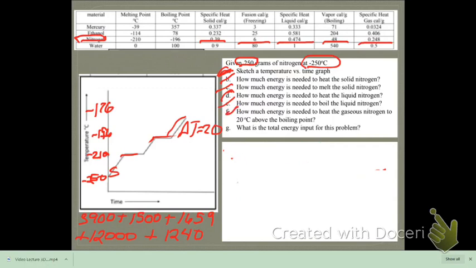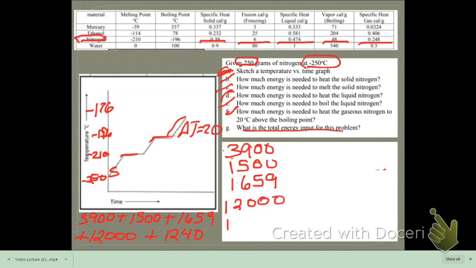because the final thing is, what is the total energy input for the problem? So I have 3,900. I have 1,500. I have 1,659. I have 12,000.